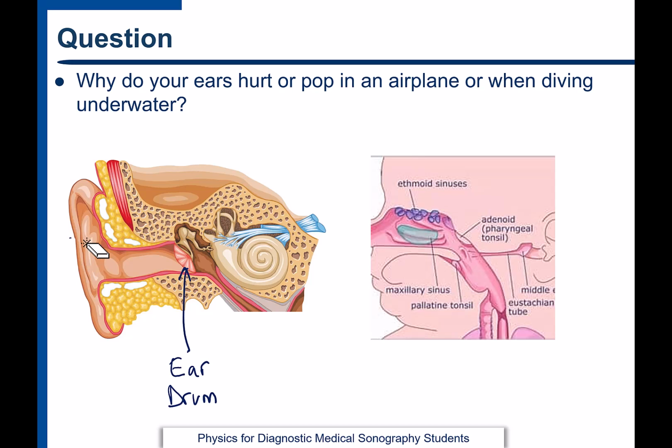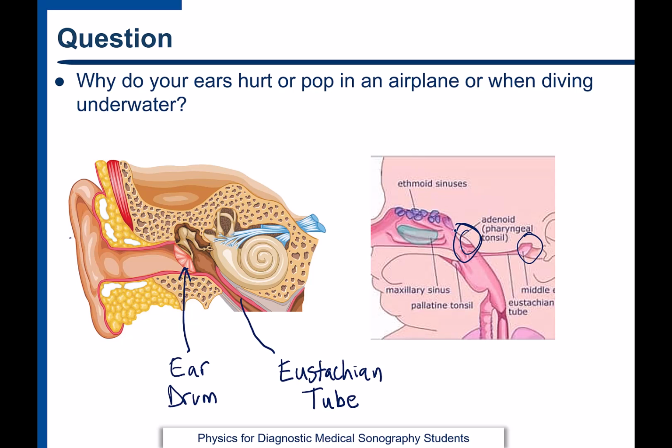But we have these tubes called eustachian tubes, and I'll just write that here. So this is your eustachian tube. And what the eustachian tube does is it's a thin tube that connects from that inner part of your ear in sort of behind your nose, in your throat area.